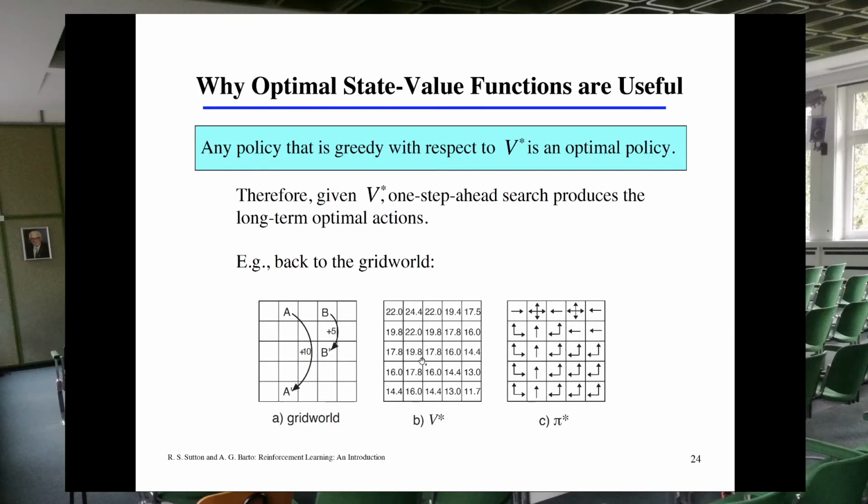But if you are here, for example, if you go up, you will get 22, which is the largest value that you can get compared to 17.8 going left and right, or 17.8 if you go down. So here the best policy would be to go up, and that's why it is written here going up. So this policy is an optimal policy because it is derived from the optimal value function.